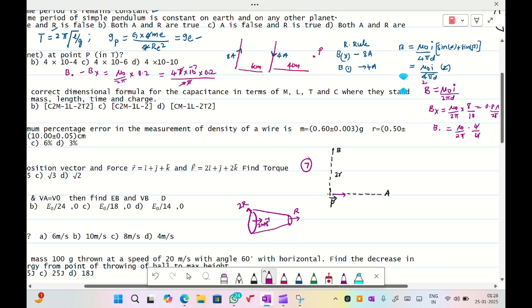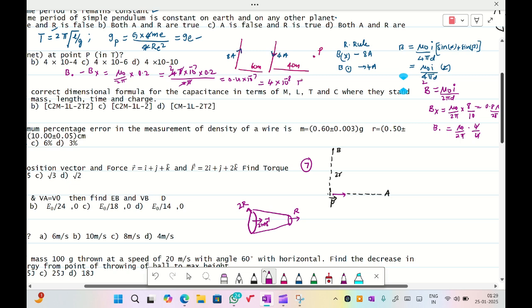Pi gets cancelled, 2s cancel. That equals 0.4 into 10 power minus 7. So 0.4 is equal to 4 into 10 power minus 8, therefore 4 into 10 power minus 8 Teslas.